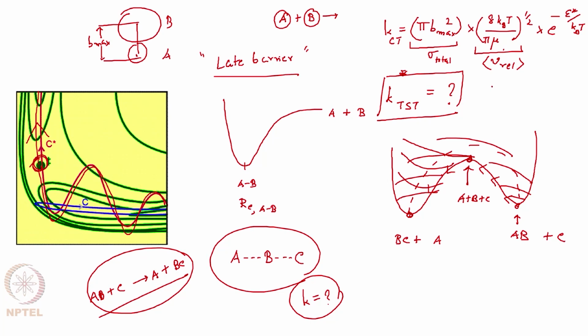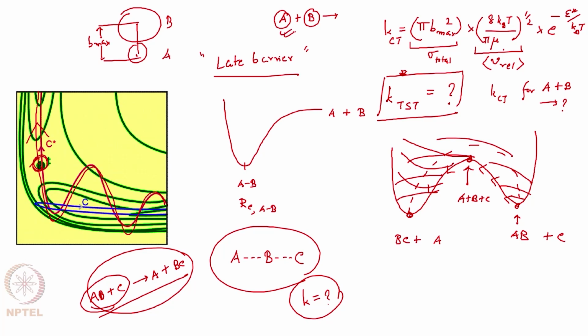We should get the collision theory expression for a reaction where say two molecules are colliding and giving you something. Now when I say two molecules, it can be atom and diatom also. So the A and B notation is just arbitrary. Don't get confused with the AB plus C notation and the A plus B notation. Our AB in the old notation is basically A in the new notation.